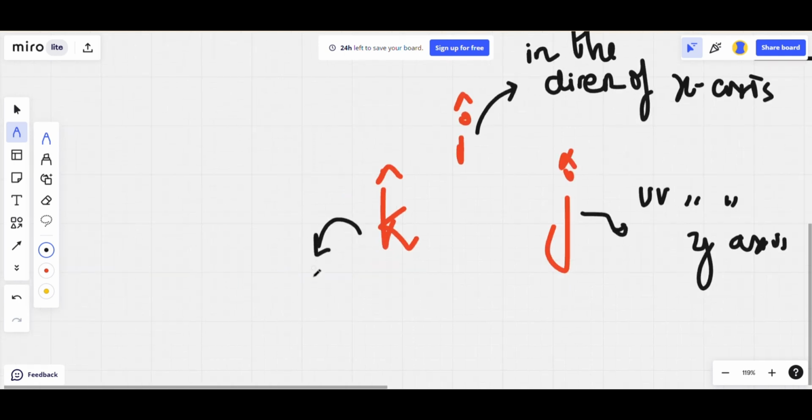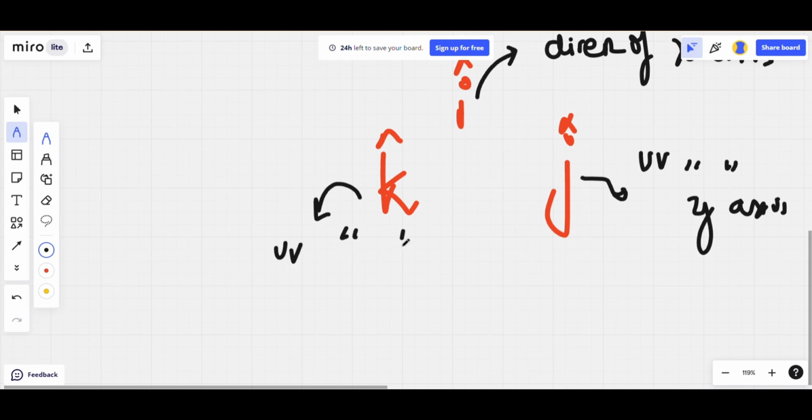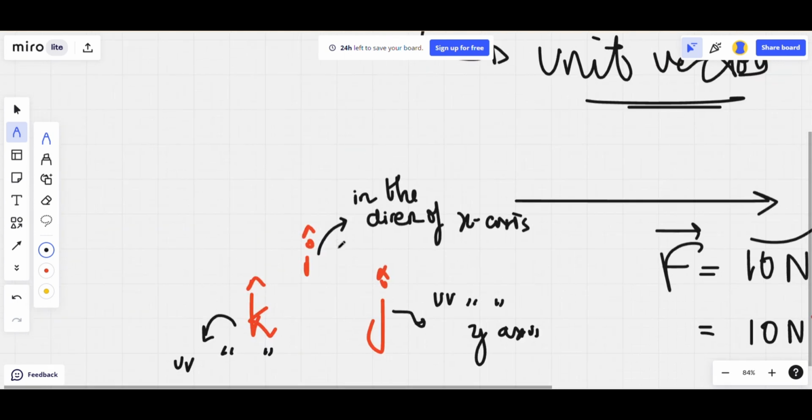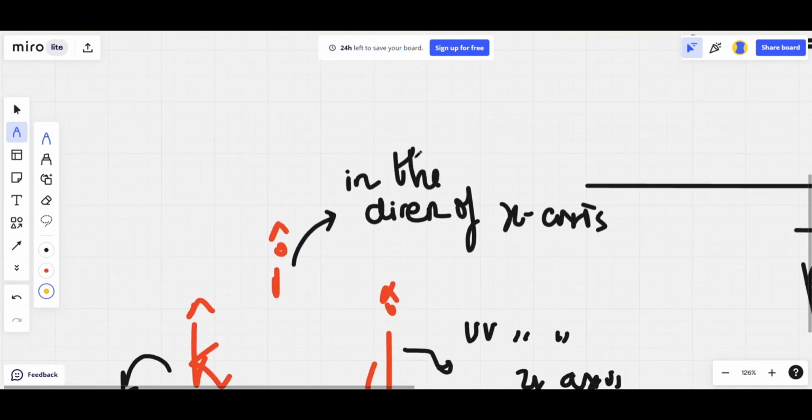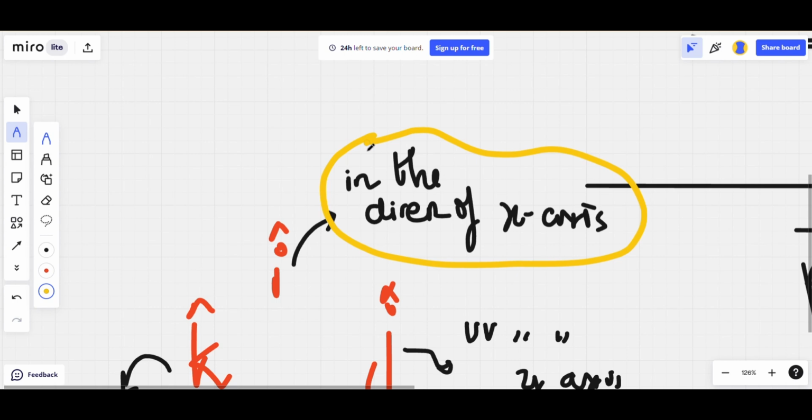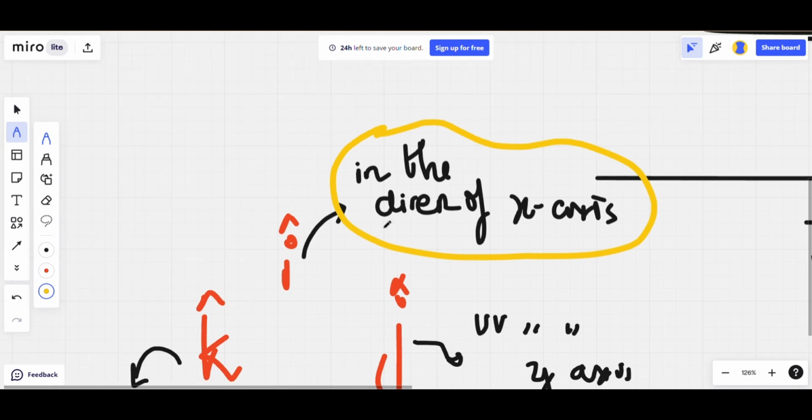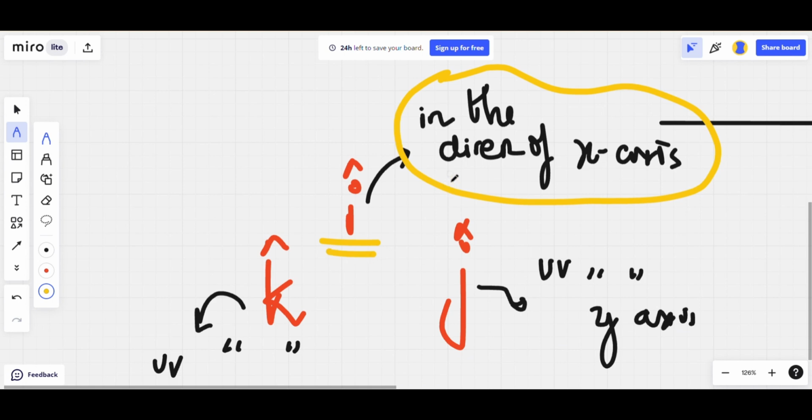And what does K cap mean? A unit vector in the direction of the z-axis. So rather than writing this whole sentence to describe the magnitude and the direction of a vector quantity, we have a single letter that represents the whole meaning.